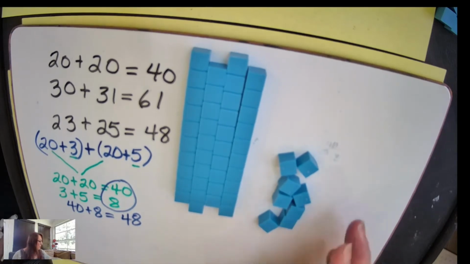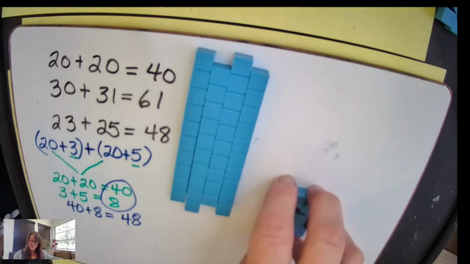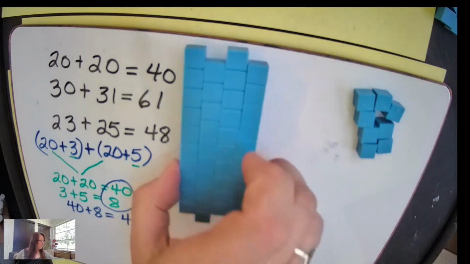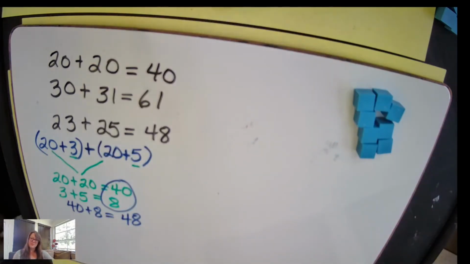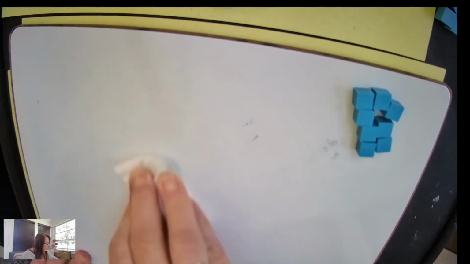What do you say? We should do another string of number talks and practice this strategy some more. All right. Ready? Okay.